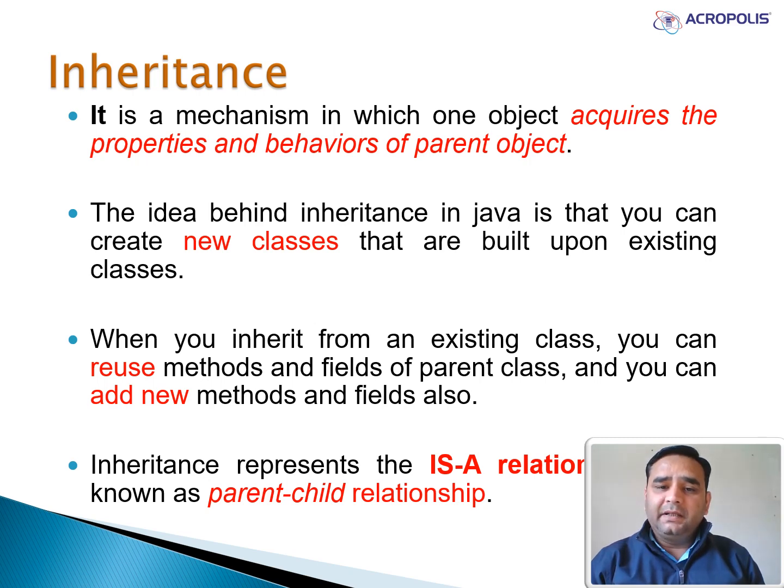The idea behind inheritance in Java is that you can create new classes that are built upon existing classes. It means that we can use existing classes to create new classes, or we can also say that we can extend the functionalities of the existing classes.